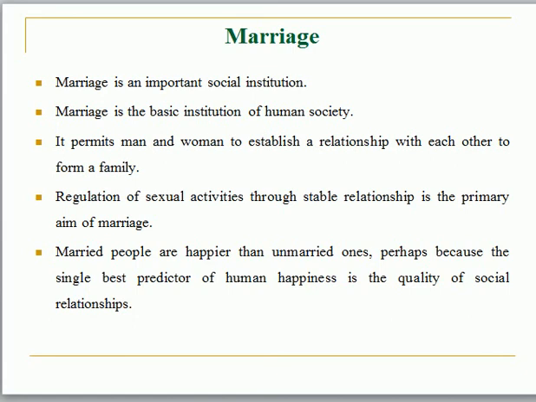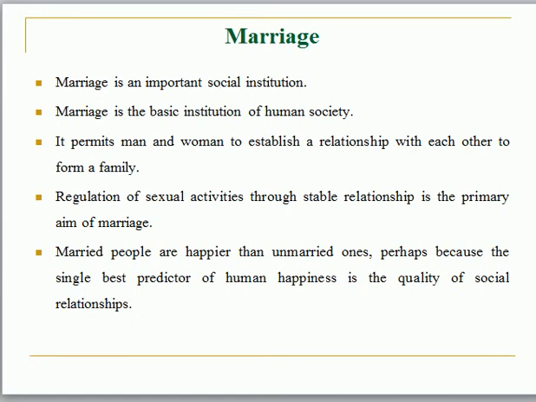Through marriage, two persons of opposite sexes get social approval to live together as husband and wife. So marriage becomes the nucleus of the social structure, with which individuals are related to each other through kinship and blood relationships.